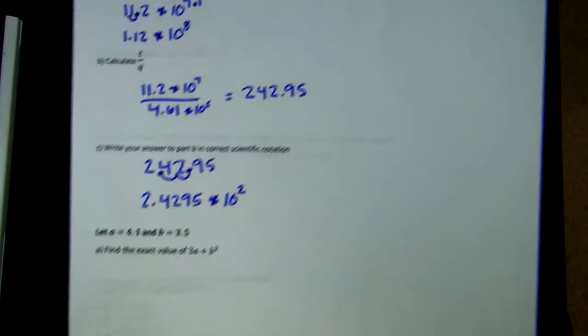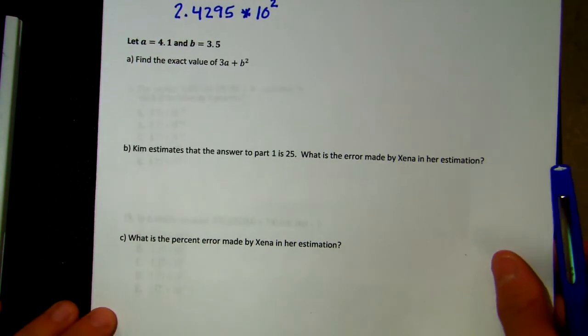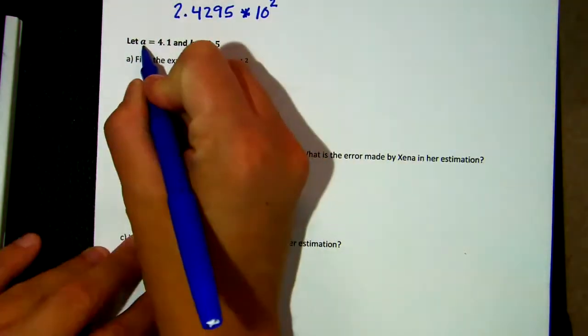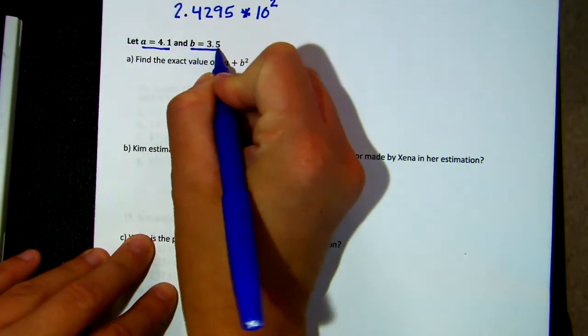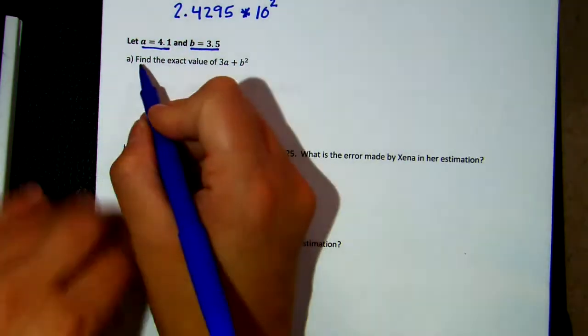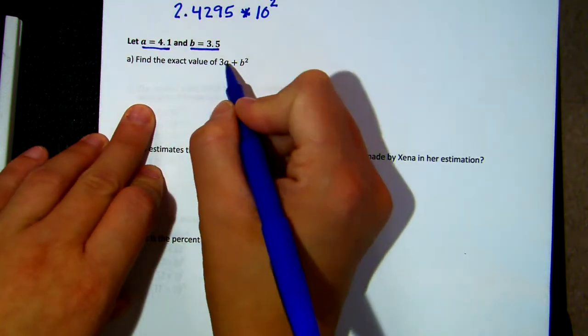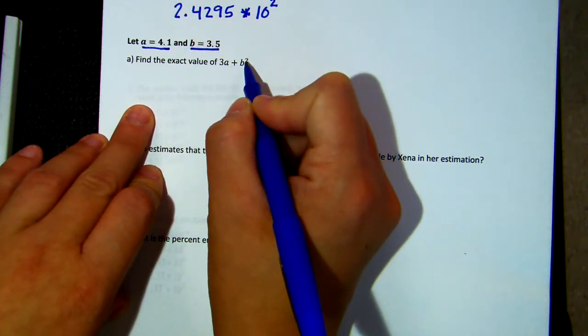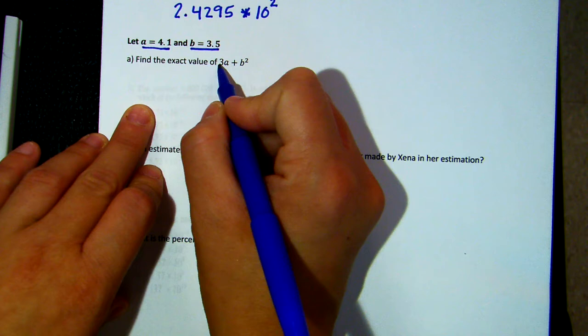Okay. Now this next section, we're using 2 new values. A is equal to 4.1 and B is equal to 3.5. It says find the exact value of 3A plus B squared. Here, I'm just going to plug in my values.